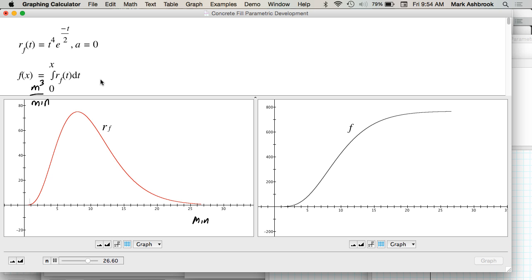Given these two relationships, how could we get a sketch of this new one that tells us what the rate of change of concrete is for a given amount of volume poured? You're going to brainstorm with people around you, think about that, and if you have a good strategy, you could maybe start working at it. Sketching rate of change as a function of volume, given the two relationships that we have. Okay, go.